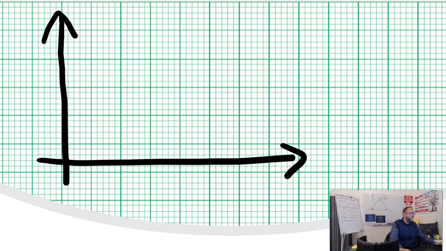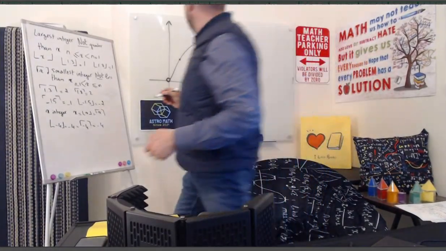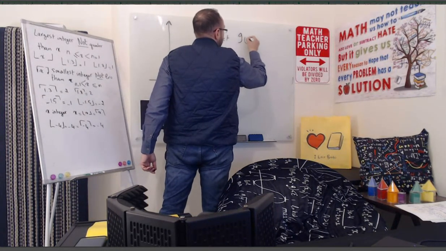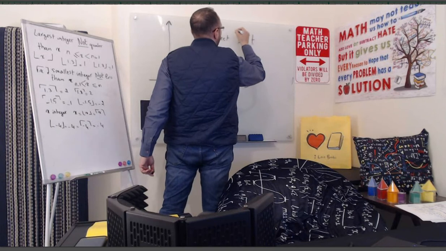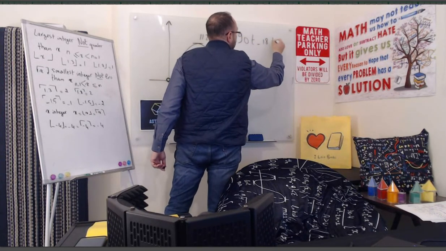Oh, okay, yeah. 90t minus 18t squared. I apologize, I keep forgetting that original equation. Okay, so y equals 90t minus 18t squared.